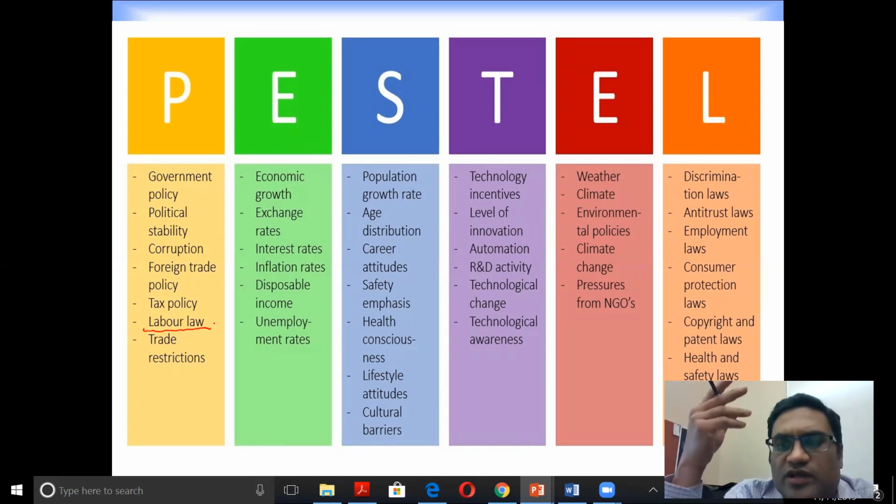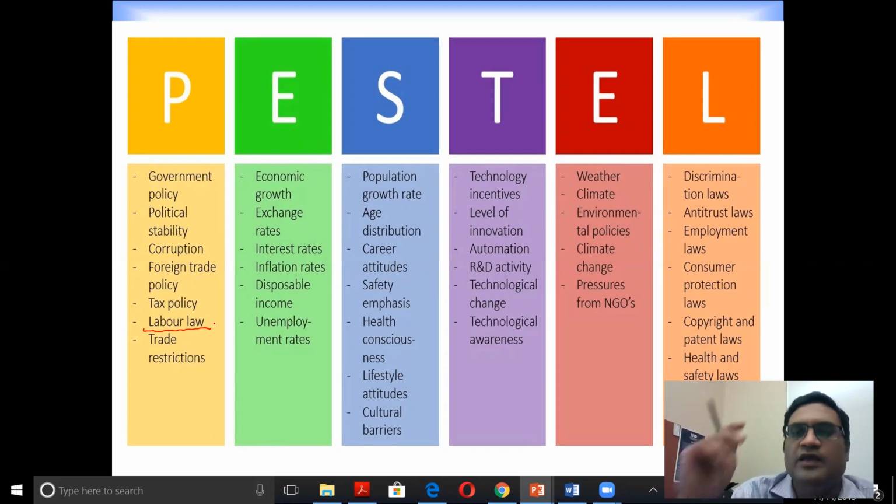What are the laws as far as hiring people is concerned? If there are lots of restrictions on firing people, doctors, nurses, or other staff, then that would be a challenge if you want to start your company.